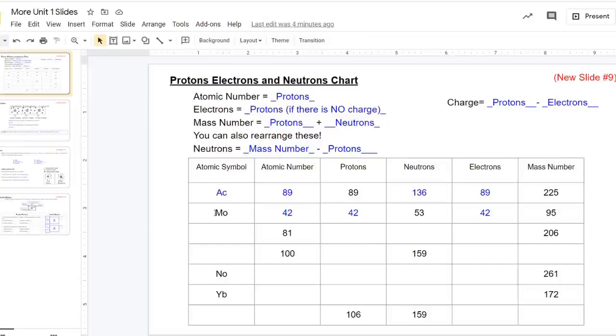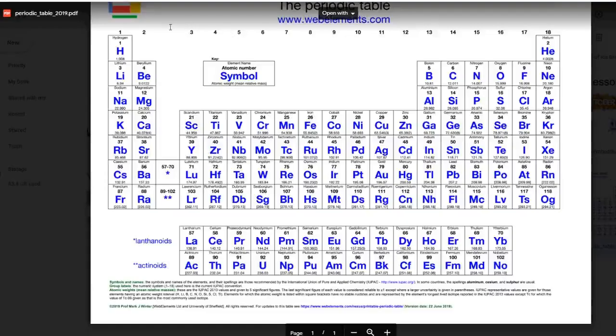Then I started here with MO, and I had 53 neutrons and a mass number of 95. Now I also have a suggestion on how to look it up when you have the symbol, but not the number. Usually, when I have an element, I'm pulling from these first two columns. Nope, no MO here.